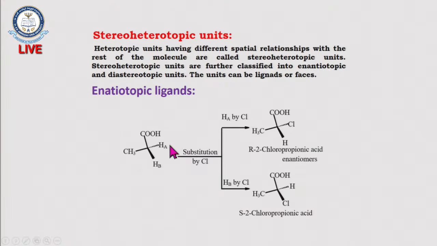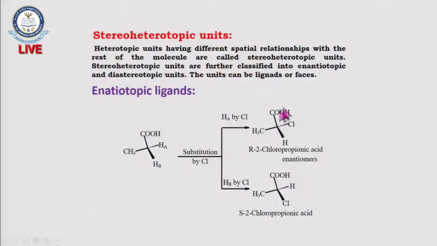Now we are applying the substitution criteria. First we substitute the HA with chlorine and see what we get. When we substitute the HA with chlorine, we get the R-2-chloropropionic acid. So we get this enantiomer, and in the next operation we replace the HB with chlorine.